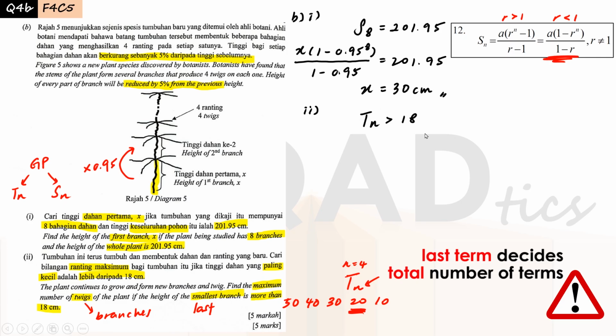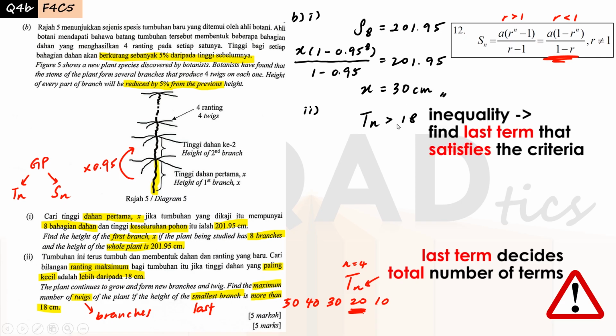This technique is actually the exact same technique when we are trying to solve the progression question in paper 1. We also use inequality to find the last term that satisfies the criteria. So again, the last term helps us to find the total number of terms. In our case here, the last branch helps us to find the total number of branches.